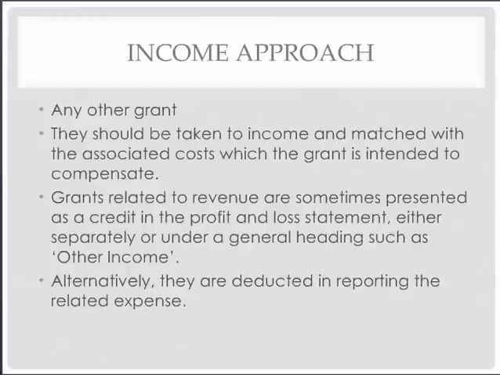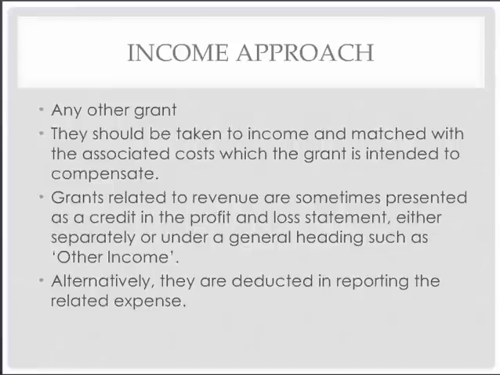That means instead of showing my research expenses as 100 crores, I reduce 25 crores from 100 crores and show my research expenses only as 75 crores. I have 2 options for income approach. Income approach is anything other than grants given for total investment or grants given related to specific fixed assets.